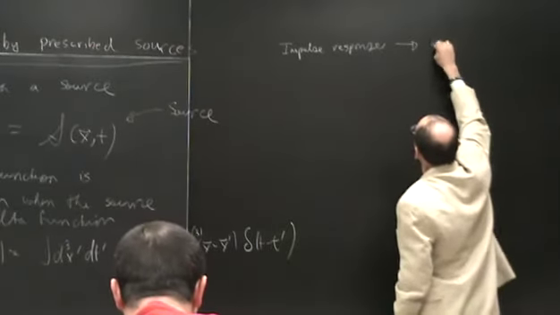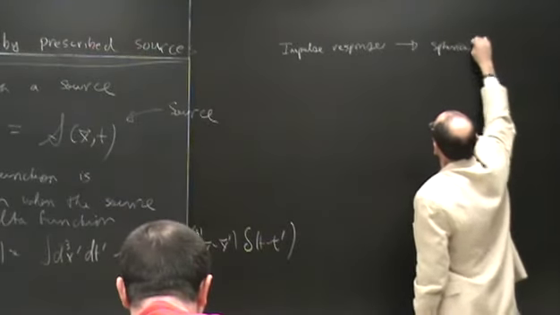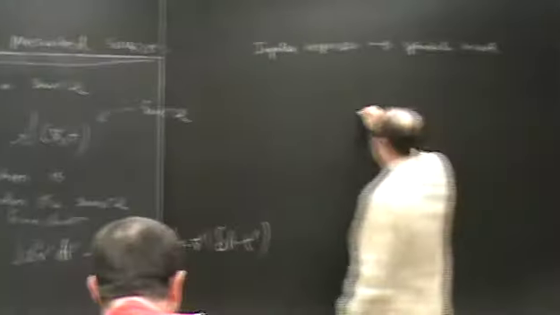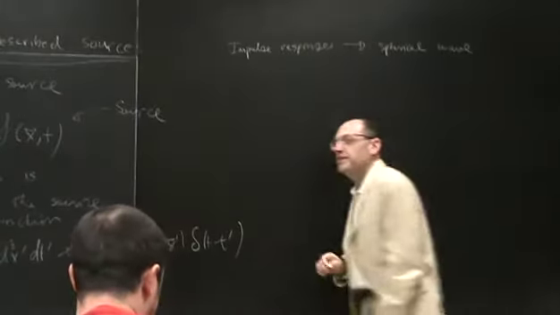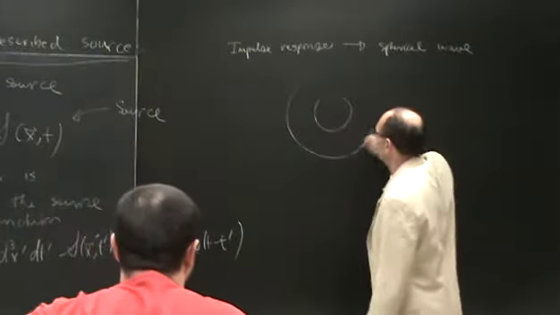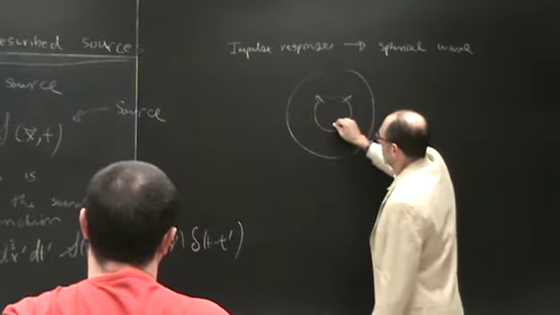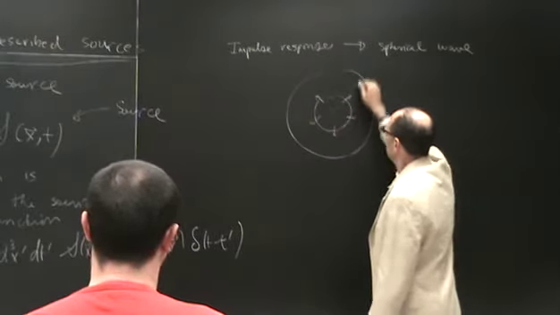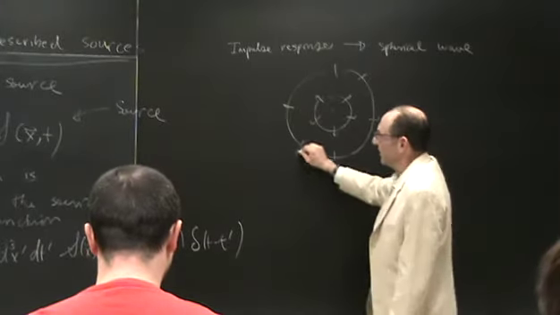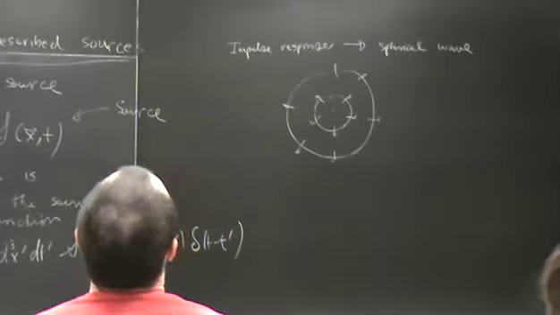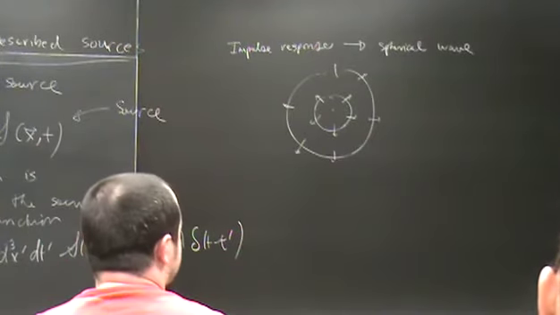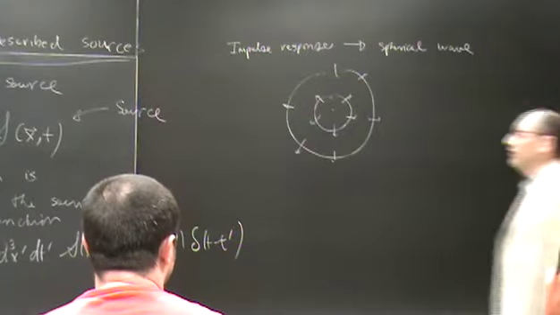In this case, it should give us a spherical wave. So what we would expect is that if the source just goes off, emitted from that point is a spherical wave, in two dimensions a circular wave, or a cylindrical wave. That's what we expect to see, and we're going to see that this is the Green's function.